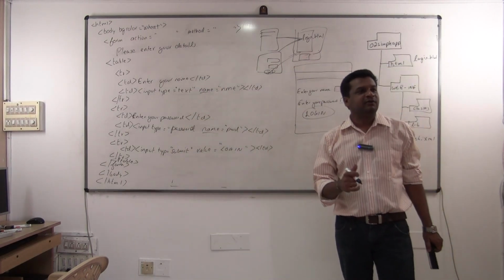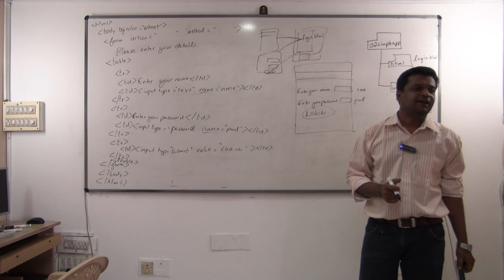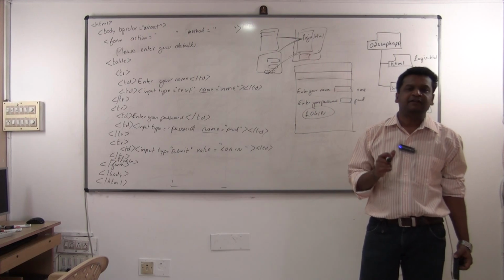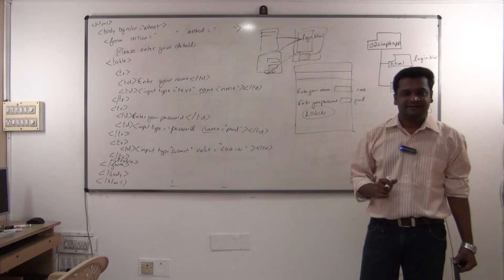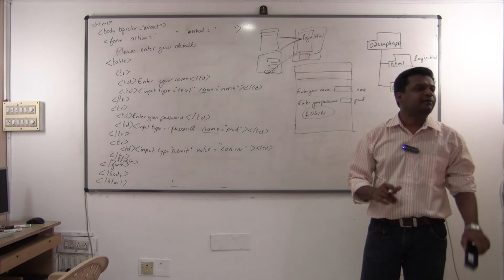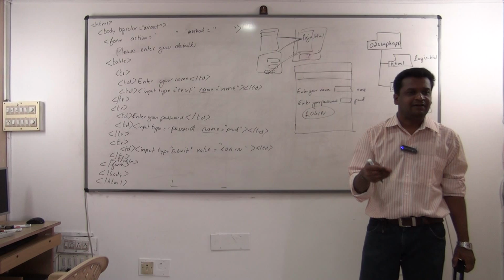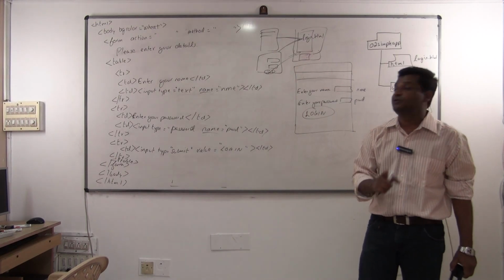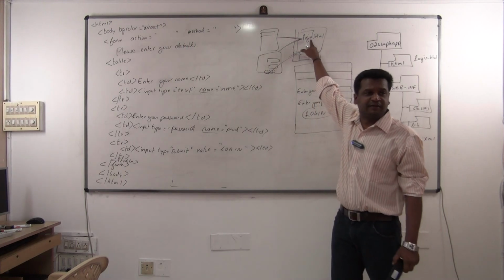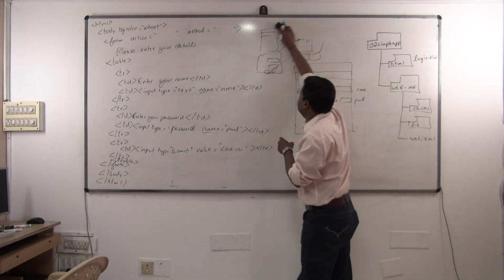But you know that a servlet will never execute without a URL. The mandatory requirement for executing a servlet is the URL. So now we are not going to type the URL. In the first program we typed the URL, hello, hi. But now you will not be typing, because the user will only look at the screen the first time.